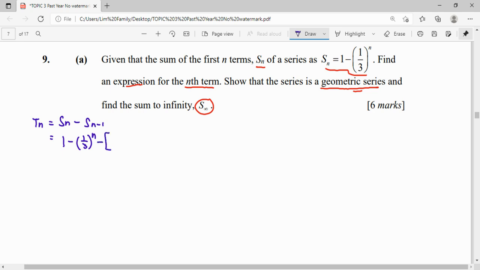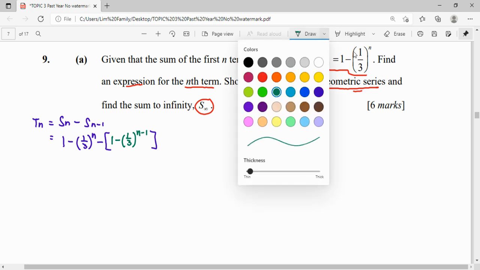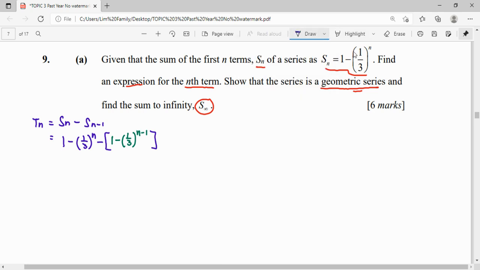Then minus Sn-1, which means that this n will be replaced by n-1, so this power will become n-1. So we come to a situation where we need to operate these indices. So we need the concept of indices.